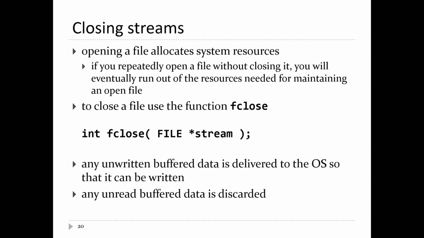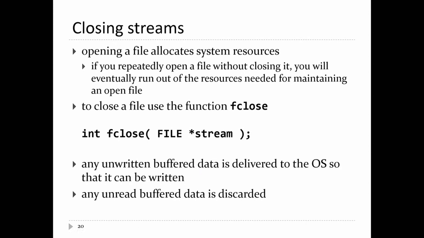If your program repeatedly opens up a file and doesn't release the resources for the files, you will eventually end up in a situation where you can't open up any more files. So you will exhaust the operating system resources. So when you're done with the file, you should always close it, right? You just write fclose, pointer to the file object that you are done with, and that will close the file stream.